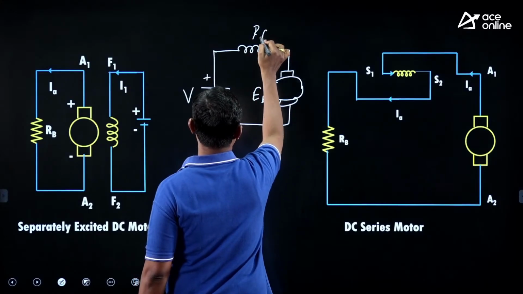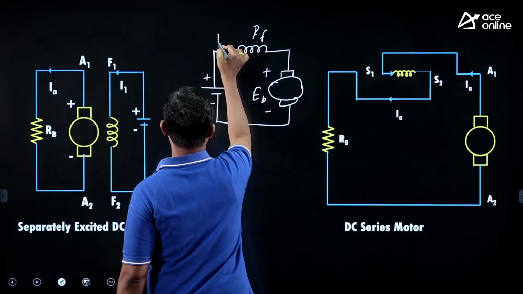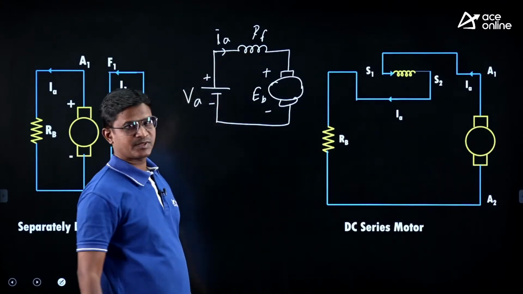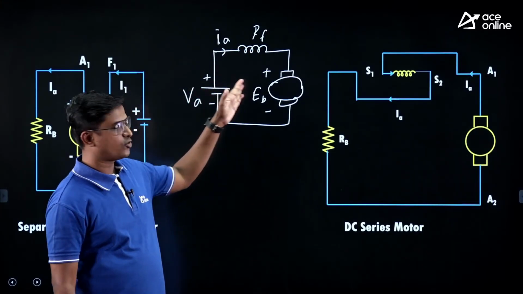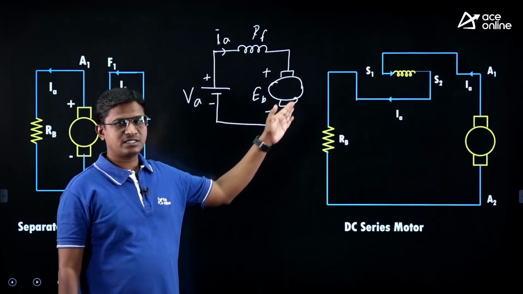This is your field winding, RF. So my current IA is in this direction, right? The external supply is connected across the motor terminals, so my current will flow like this, okay?